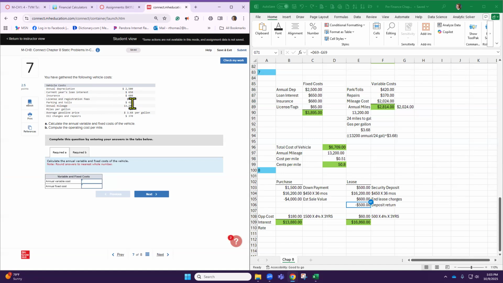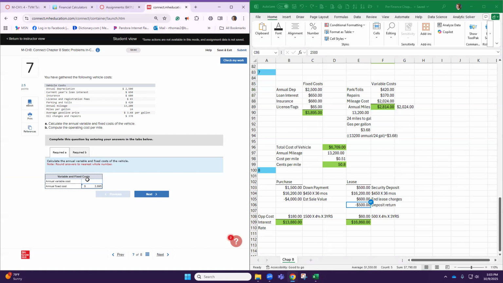So the first four items are all fixed, and if you put those down, then you get $3,895 for the fixed. So let's put that in the right box there.